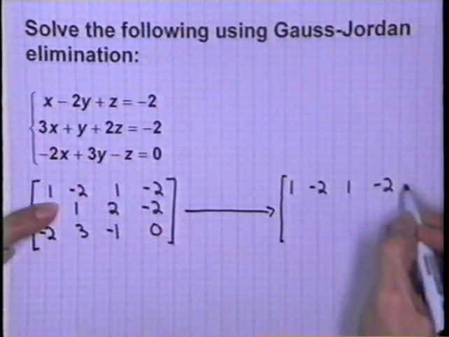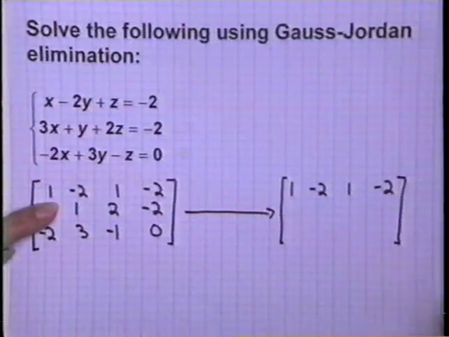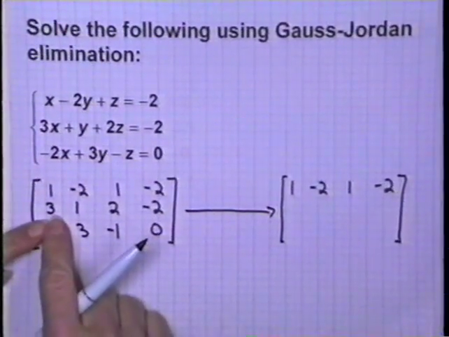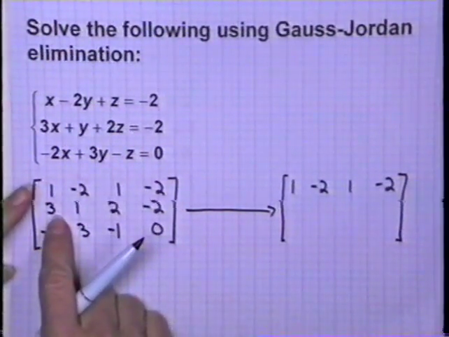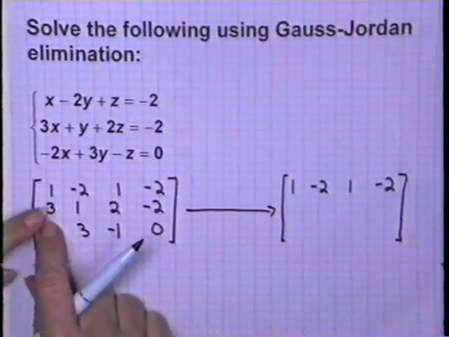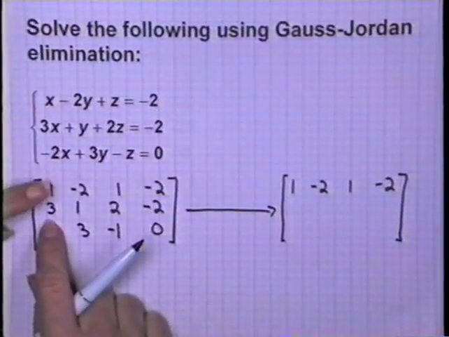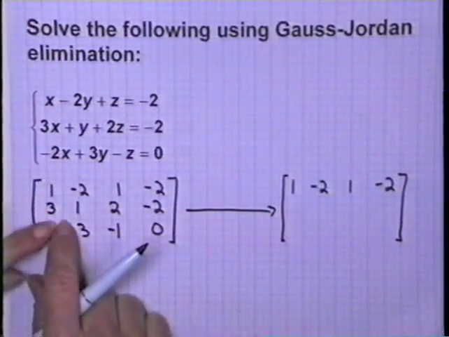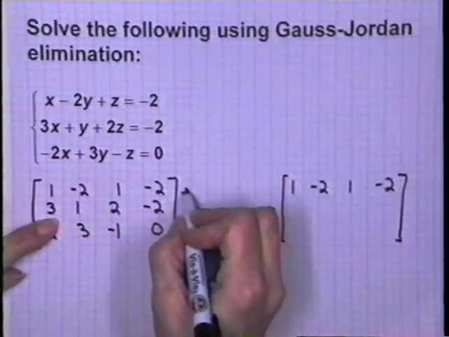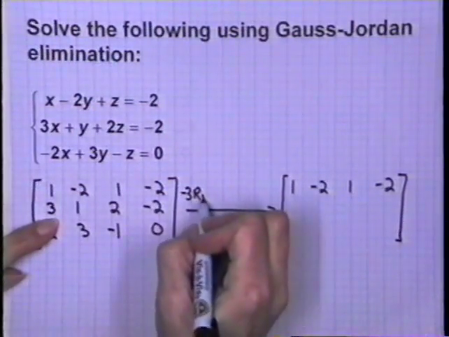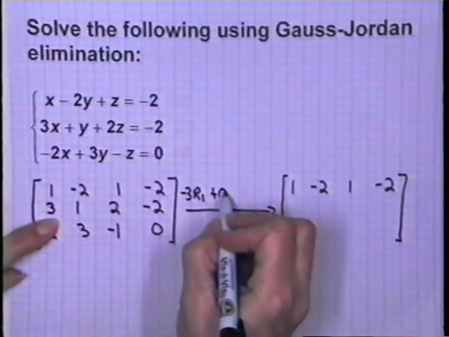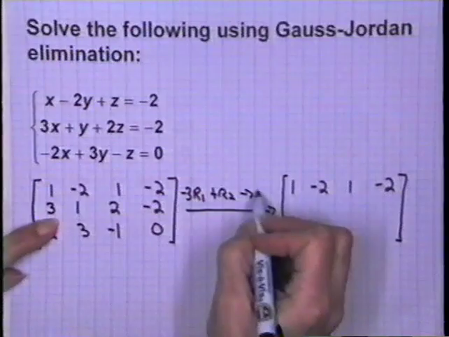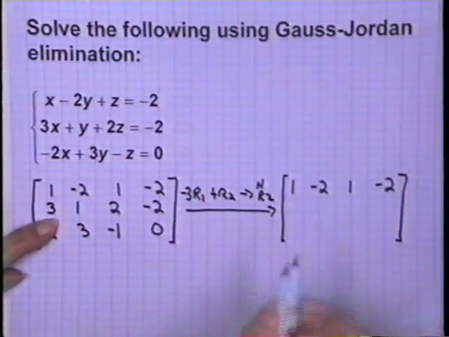So let me recopy row 1. I want to get a 0. Remember, to get a 0, you use a multiple of a row and add to this one. So because of my 1 here, I can multiply this by negative 3 and add to this and get a 0. So what we want to do is negative 3 times row 1.